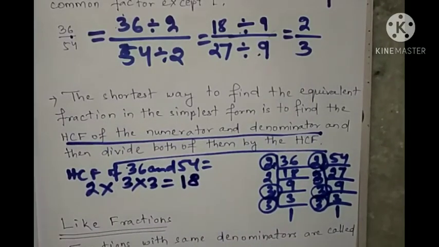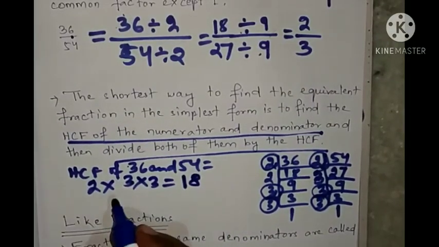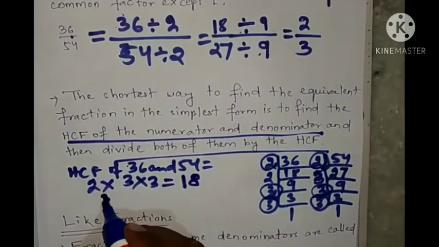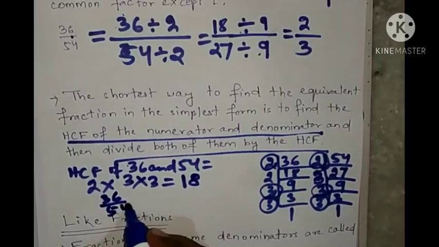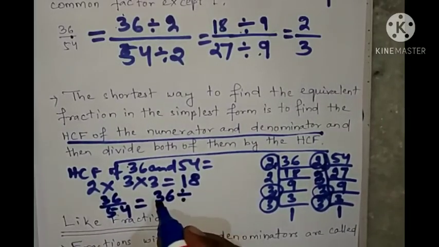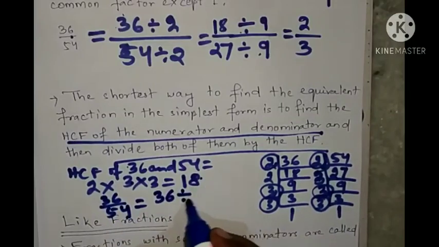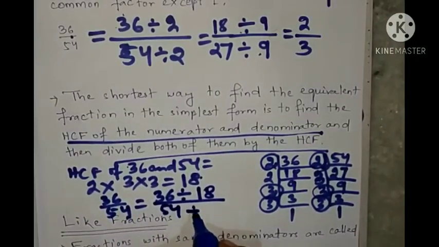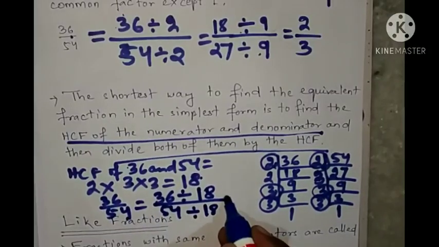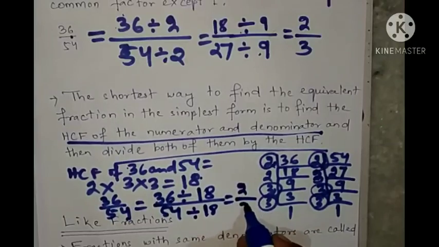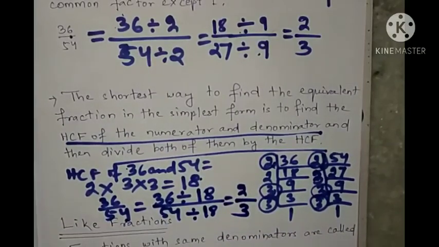So we have found the GCF. Now we will write the fraction 36 by 54 equal to 36 divided by 18 over 54 divided by 18. We divide the numerator and denominator by the GCF. What do you get? 18 twos are 36, 18 threes are 54.